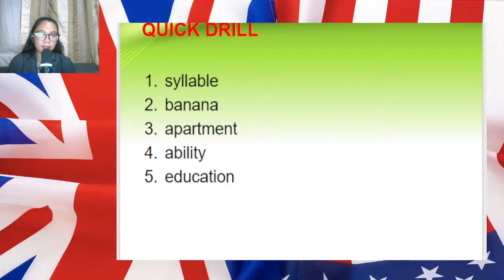So, as much as possible, we try to really build our understanding on this. Although I know that some of you, if not all, already understand what word stress is, it's very important that we tap it every time we learn something, because it's fundamental in our pronunciation skills.